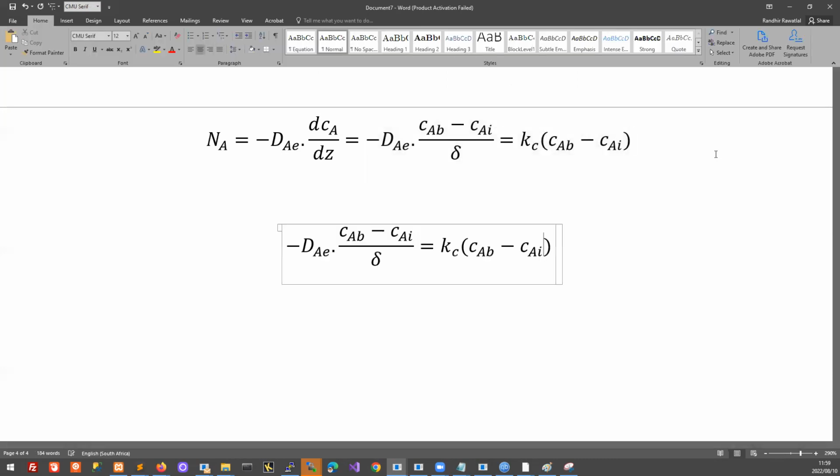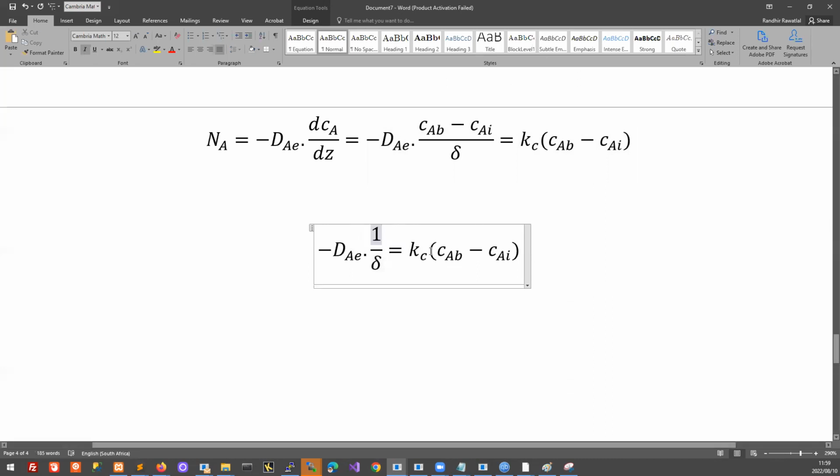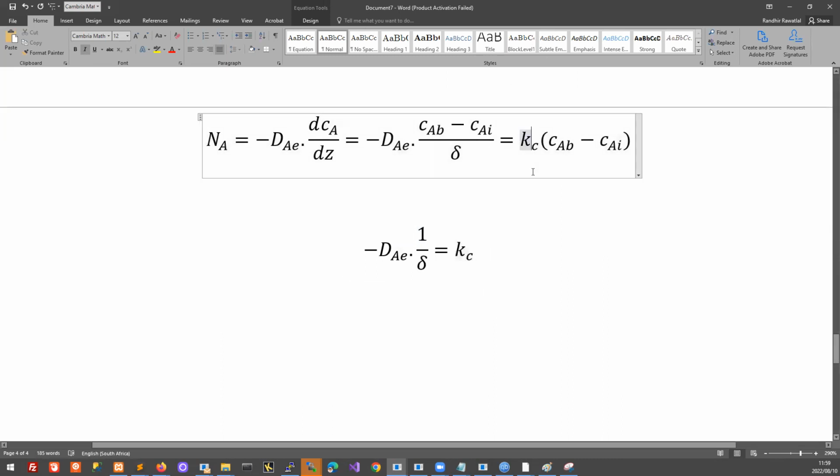So if those are equal, then we can cancel this on both sides. We can divide through by this difference. So we divide here, and then we've divided that out there. By the way, I should have made this a minus sign.